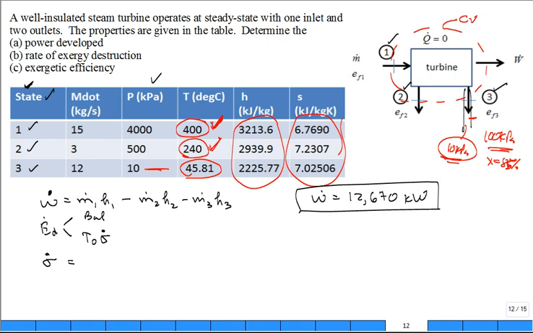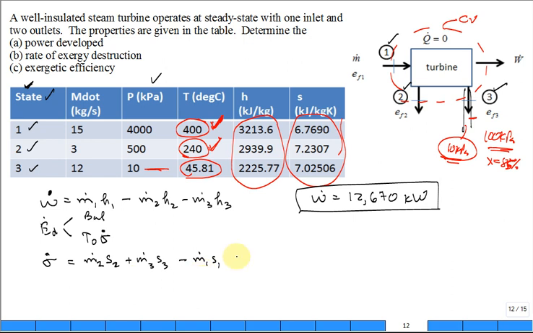Sigma dot is equal to m dot 2 S2 plus m dot 3 S3 minus m dot 1 S1. This is the outflow of entropy. It has to be higher than the inflow of entropy. Okay? Does that make sense?